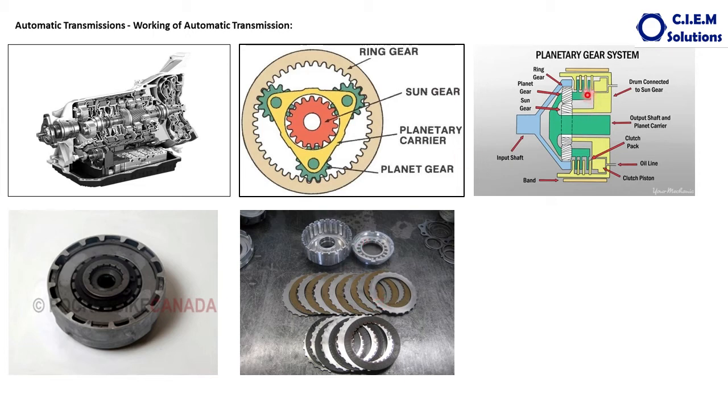Let us think of an example. This is the sun gear. These are the planetary gears. The planetary case, the green one, and this blue one is the ring gear.